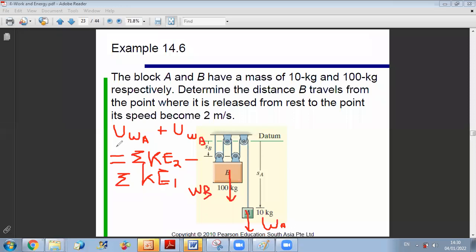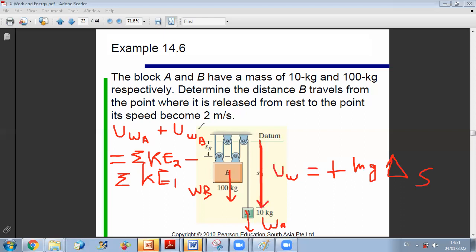Please remember, when you have a downward coordinate, what is the expression of the work of weight? It's plus mg delta S. Keep in mind, if the axis is up, the expression is minus mg delta Y. Here, since you consider downward coordinates, the work of the weight for each block is plus mg delta S.